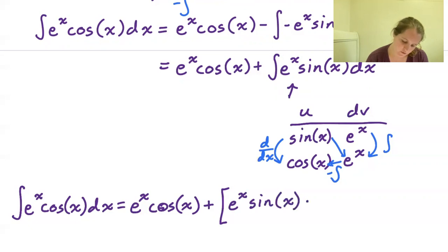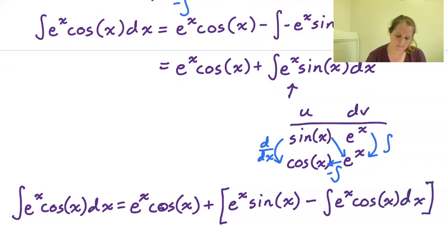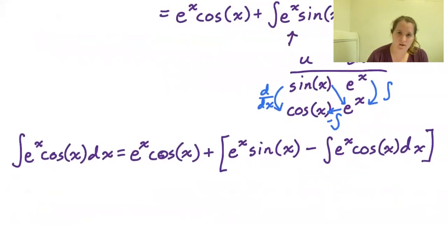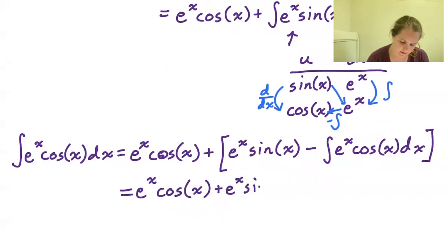And then we will subtract the integral of e to the x cosine of x dx. Now, since I didn't have a subtraction or number multiplying out front, I can just rewrite this right side as e to the x cosine of x plus e to the x sine of x minus integral of e to the x cosine of x dx.